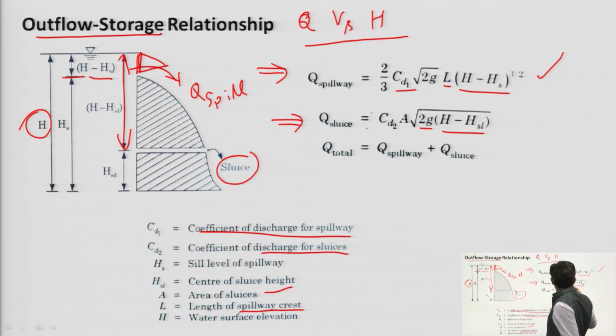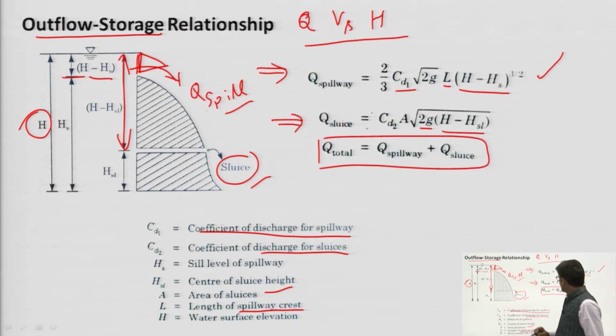And the total discharge through spillway and sluice will be the sum of these two. So we will use these formulas for getting the relationship between the outflow and storage.